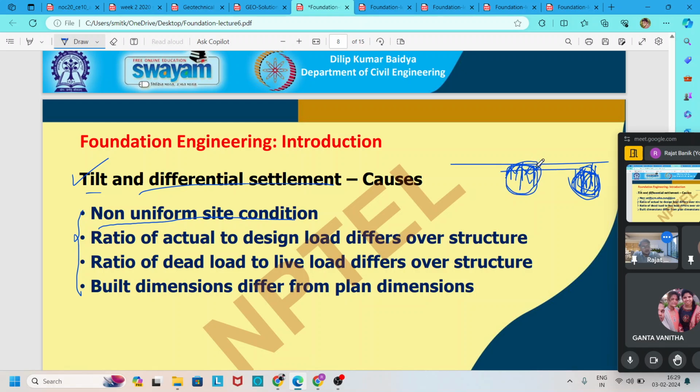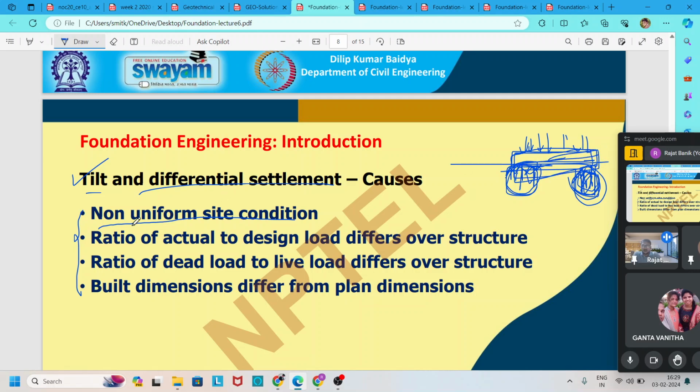But the pressure coming from the superstructure is uniform. So if we apply pressure like this, with one side weak and another side strong, there may be tilting or differential settlement.